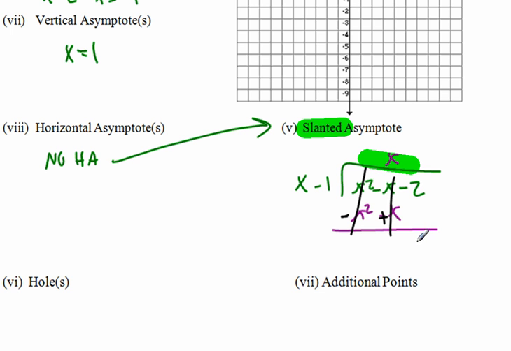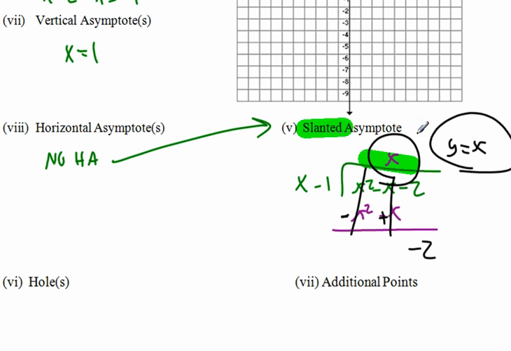Those cross out. So that means we have a remainder of negative 2. But again, we don't care about that. All we care about is this. So our slanted asymptote is y equals x. And this just goes back to algebra 1, just graphing a line, y equals x. Okay, so we will be doing that shortly.